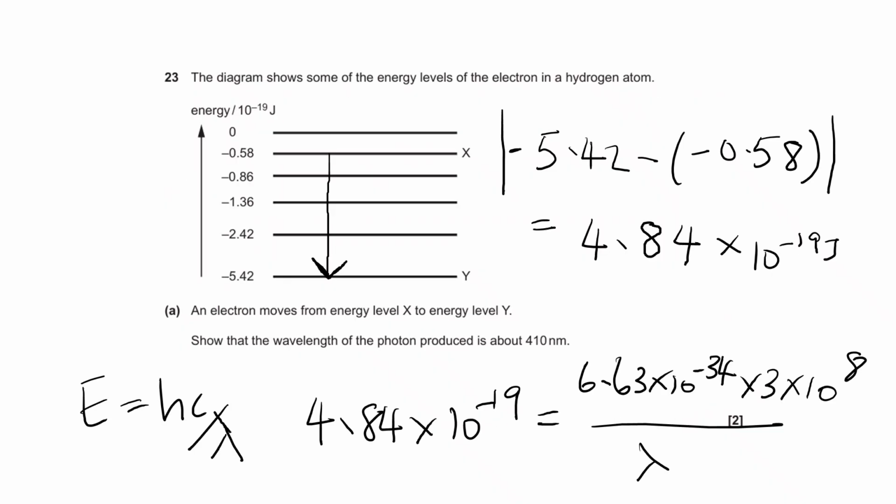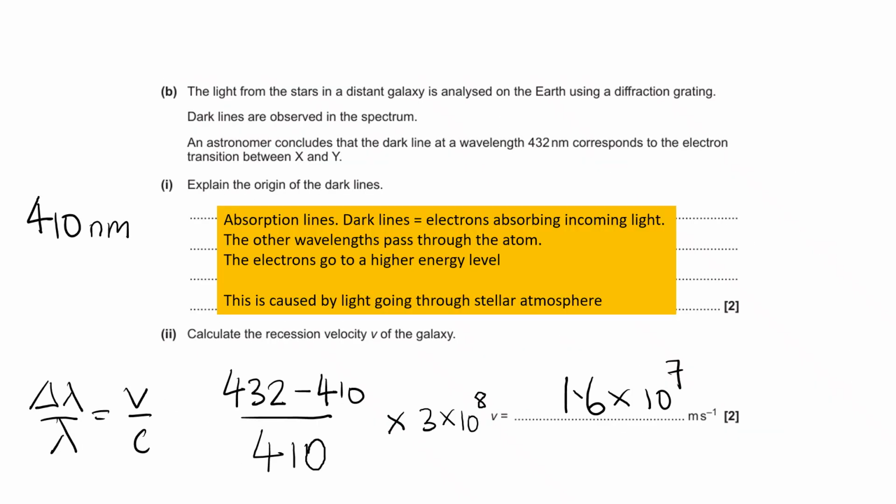Okay, I'm going back to this slide because in the next question we need to work out the speed of the galaxy, and here we need to know that the wavelength of the photon is 410 nanometers. So here we have the change in the wavelength over the wavelength, which is this one here, and that is equal to v over c.